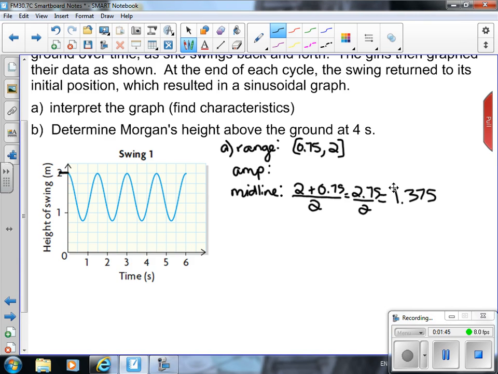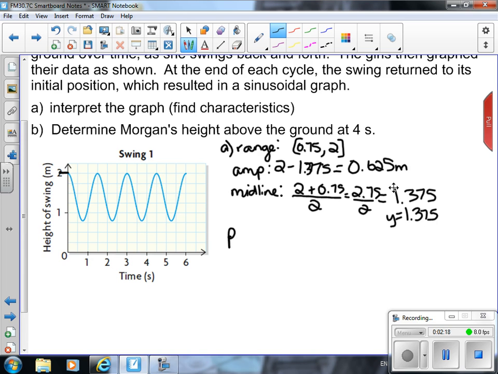Then our amplitude is the difference between the max value and that midline, or the min value and that midline. So we can take 2 subtract 1.375 equals 0.625 is our amplitude. This is measured in meters, so I should be putting the units. And we should write the midline as an equation, y equals 1.375.